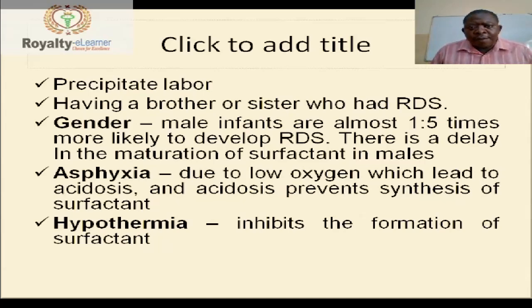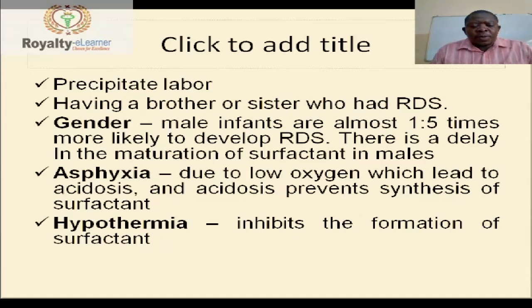There is a fast switch of environment from the uterus to the outside environment, so the baby may end up having RDS. Also, having a brother or sister who had RDS predisposes one to RDS, as it may run in the family.